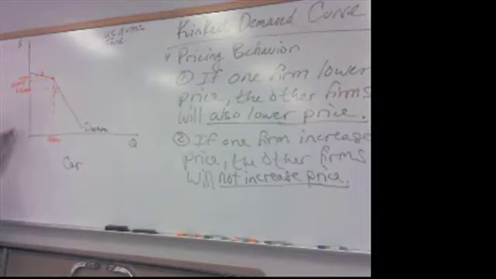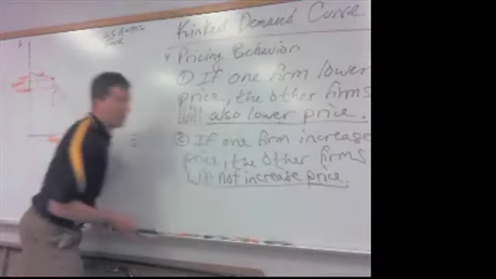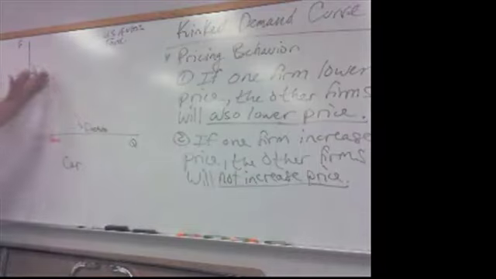The kinked demand curve has a marginal revenue curve that's weird looking also. It's still going to follow the same properties as it did before, but it's going to change depending on where we evaluate it. Pre-kink and post-kink are going to be a little bit different.